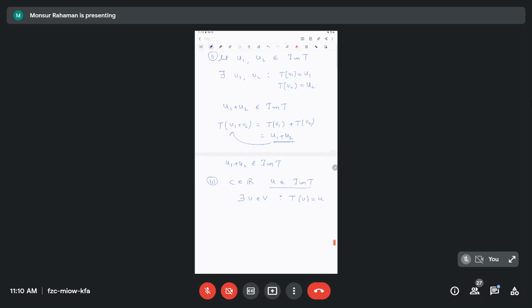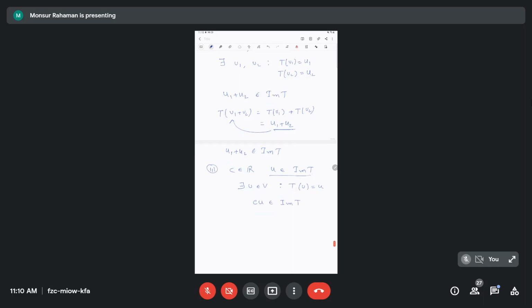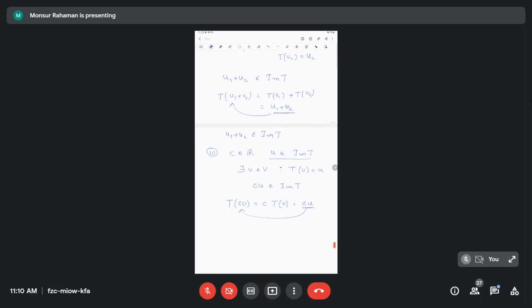Now you have to prove that cu is in image T. To prove cu is in image T, you have to show a pre-image. Since T(cv) equals c T(v), and this is u, the pre-image of cu is cv. So cu is in image of T.